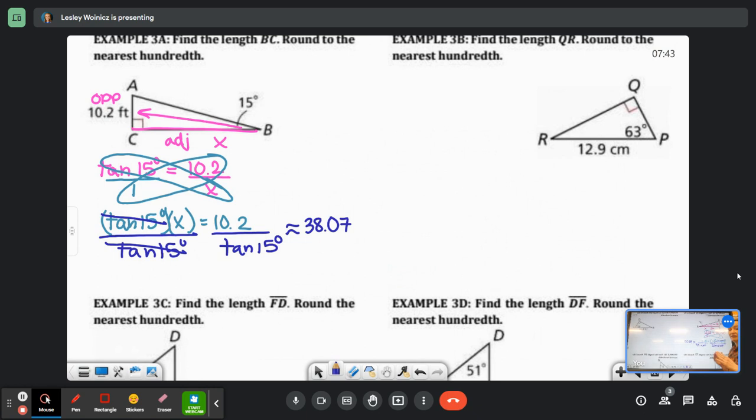It is not an angle. And when I'm solving for my x here, this x is a length. So I don't put degrees or anything on this because this x is a length. So my x is 38.07.